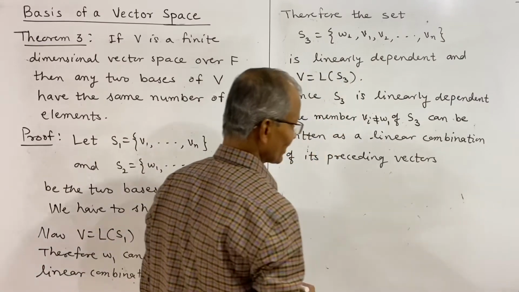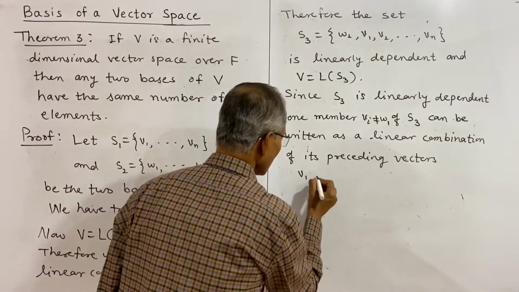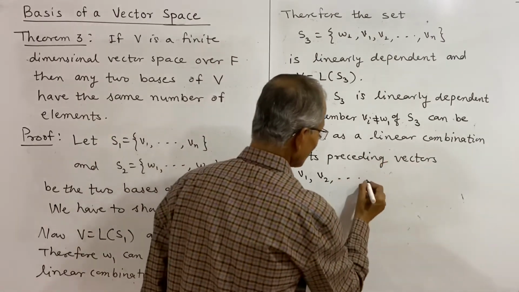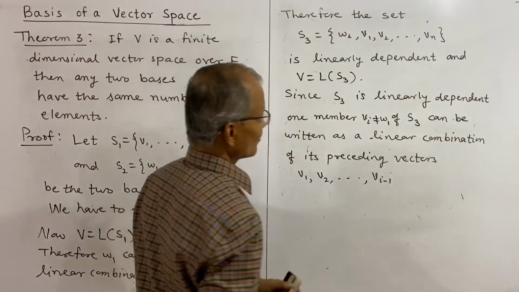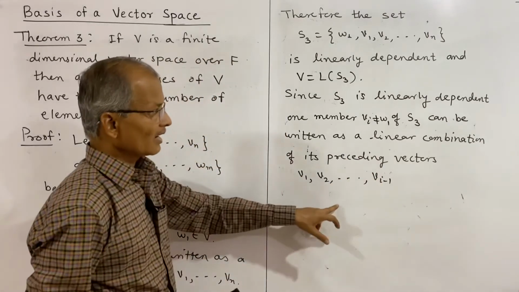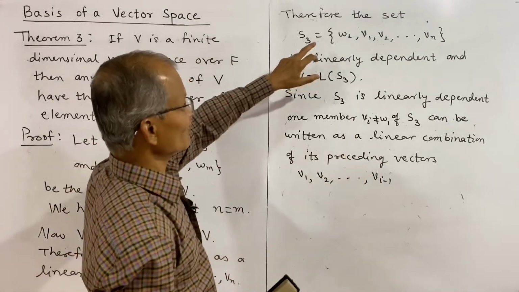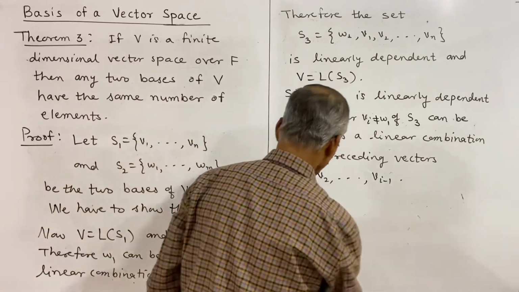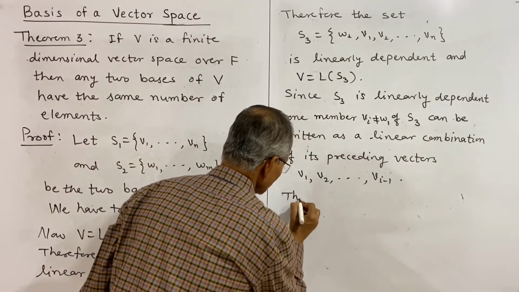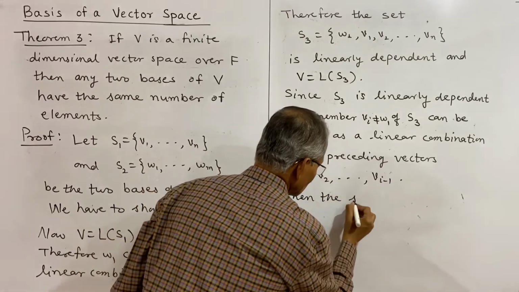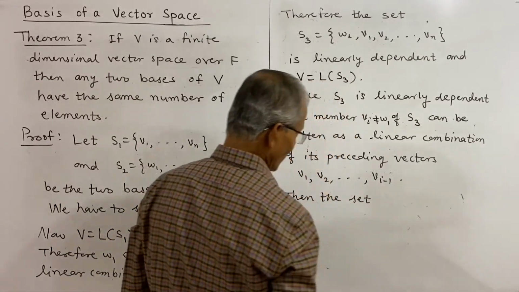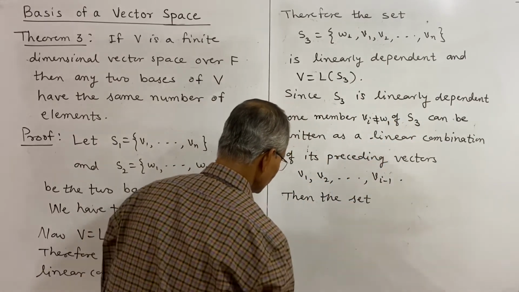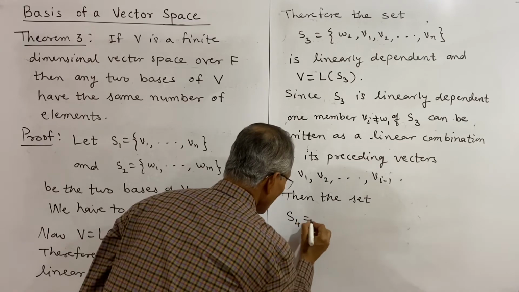And what are the preceding vectors of this? V1, V2 and so on up to Vi minus 1, the preceding vectors of Vi. Thus we form the next set as S4, formed by these elements.